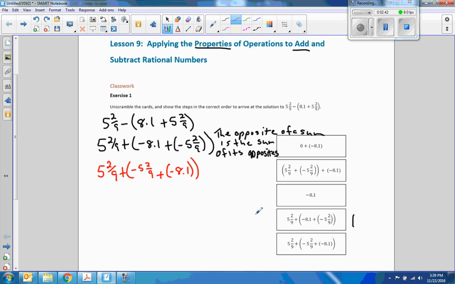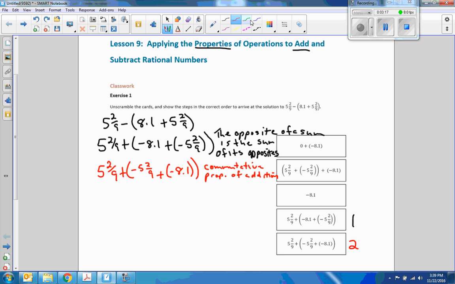All I did was move my negative 5 and 2/9 here and my negative 8.1 here, and we can rearrange numbers. 3 plus 4 is the same as 4 plus 3, and that is called the commutative property of addition. Order does not matter. So that is this one right here.